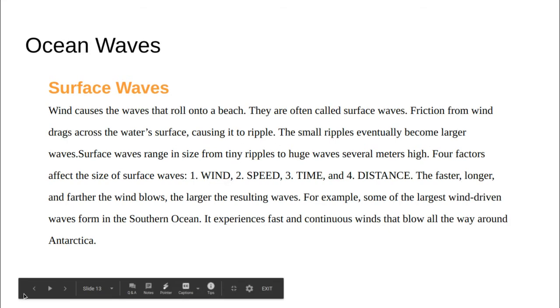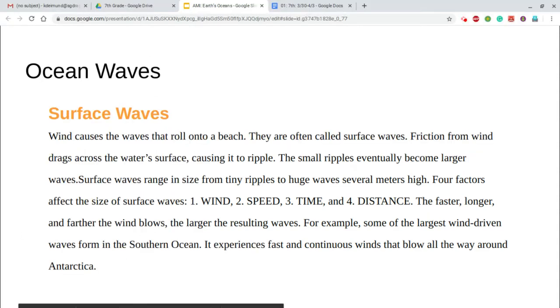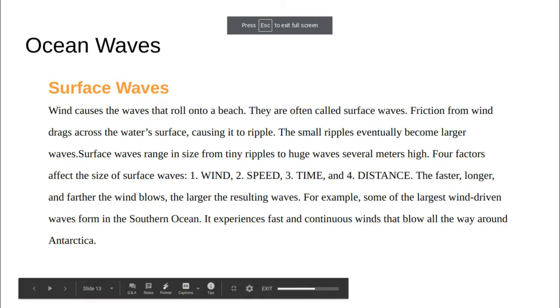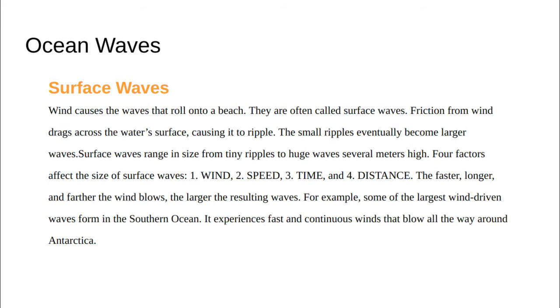I want you to think about, and this is kind of difficult, if you have ever seen your pool or a pool right before it storms, you can see the waves in the pool pick up right away. And that's also because the wind has picked up.